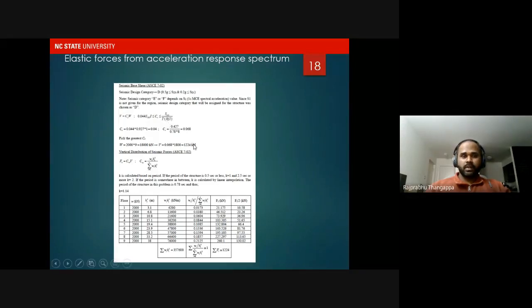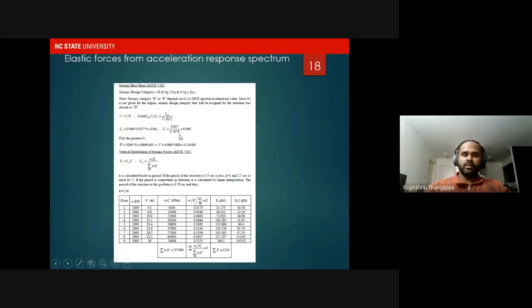So usually we design structures for reduced force, trusting its ductility. The ductility represents the ability of the system to deform without loss of strength. So there is a direct correlation between ductility of a system and the force reduction factor.